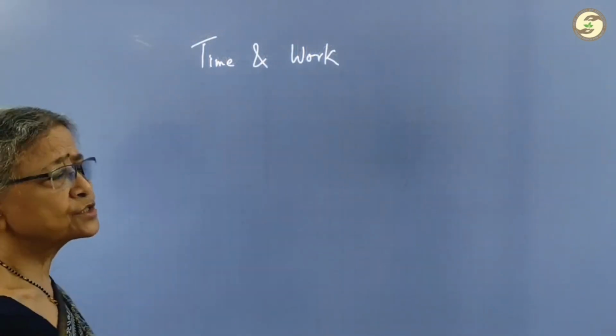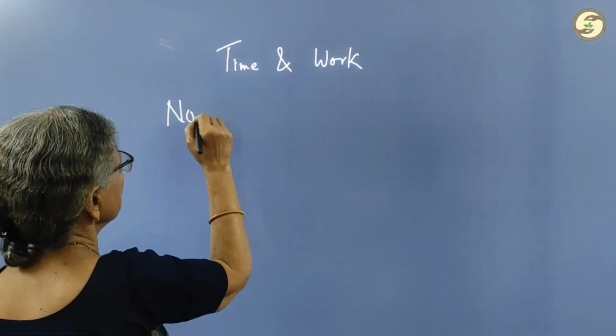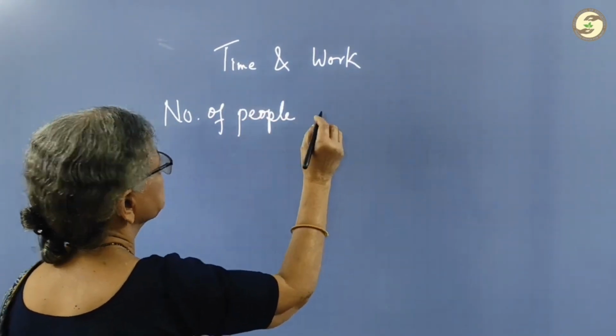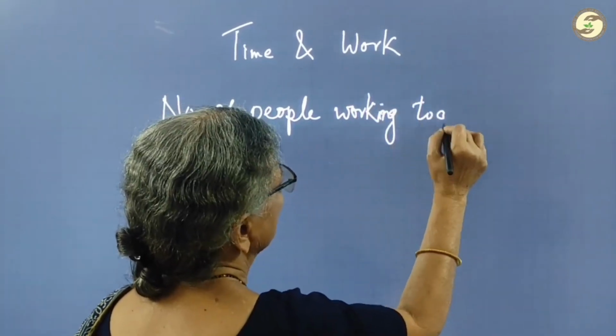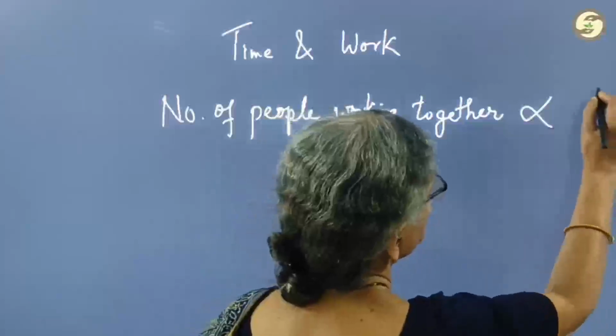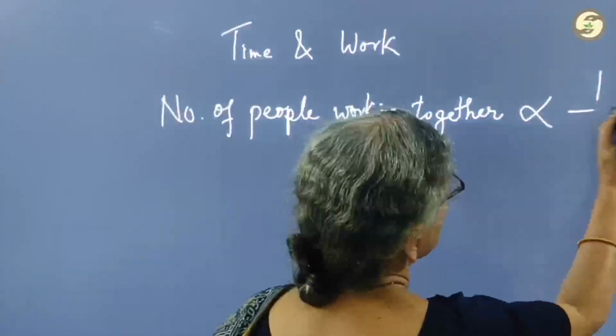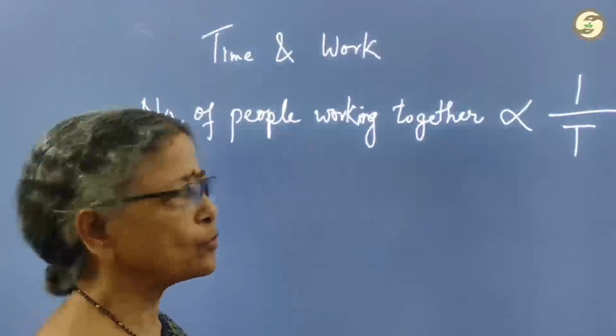So now what is the relation between number of people and the time of work? Let us see. Number of people working together is inversely proportional to the time taken to complete the work.